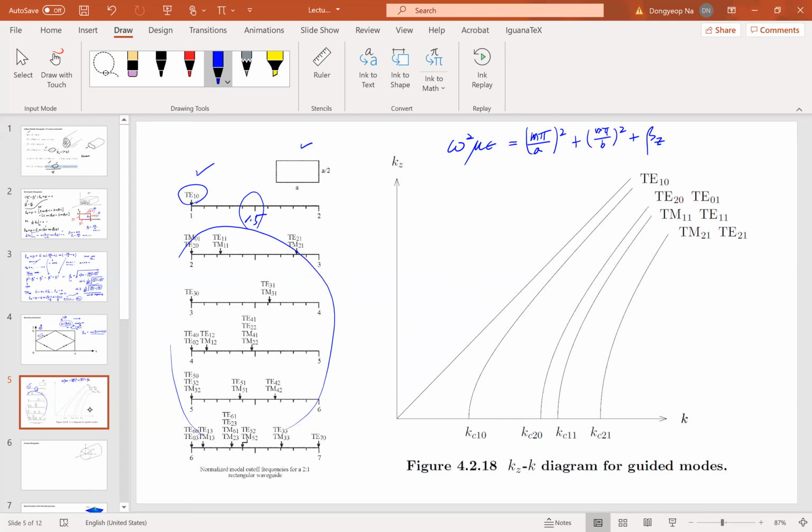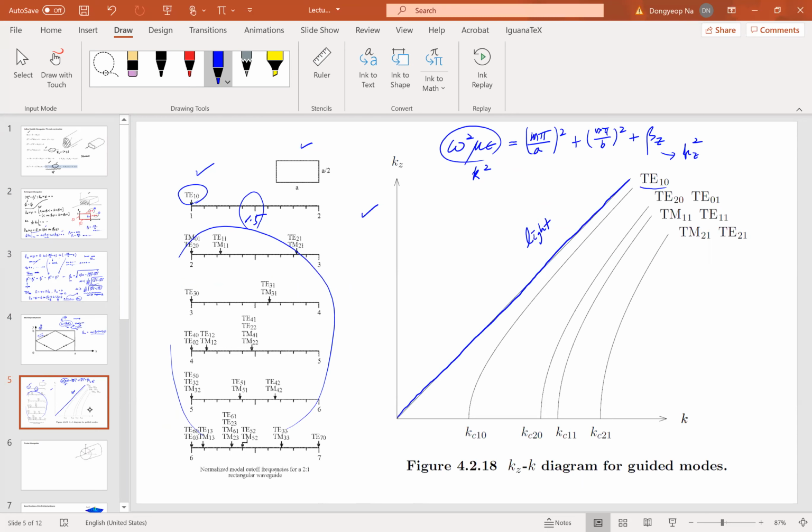So this figure illustrates this dispersion. In this case, this was k squared, this was k z squared, and this is the light line, I mean, electromagnetic waves in free space.